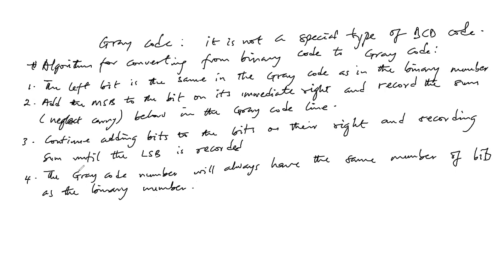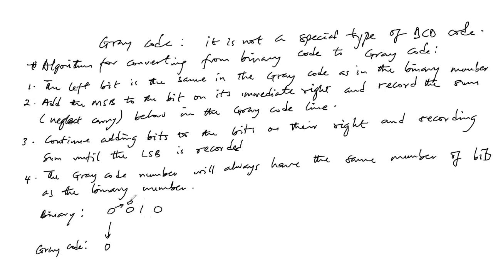So let's consider an example. Let's assume we have the binary number 0, 0, 1, 0. Then we want to get the gray code, right? So here we retain the first digit, which is 0, and then move from this position to this position.